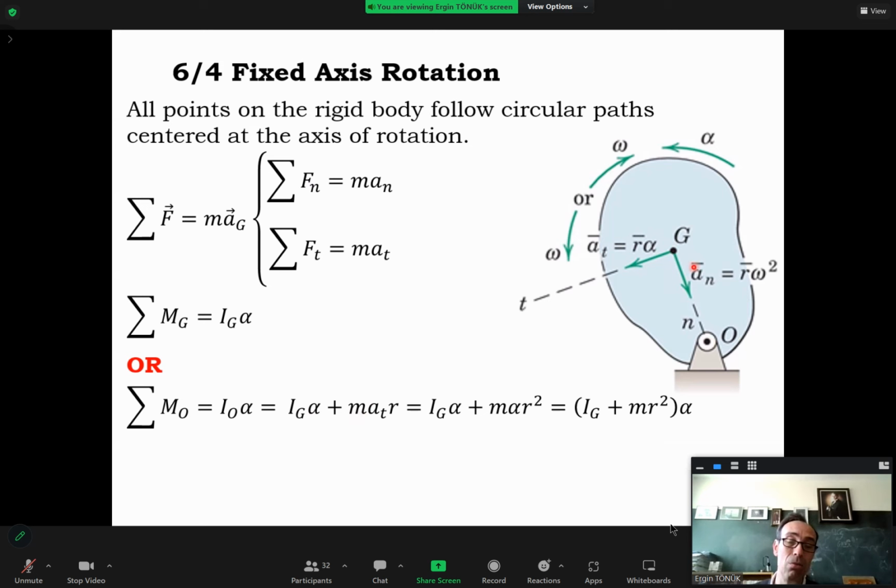As you see, the normal acceleration has no moment about the rotation axis because its line of action passes through it. So the tangential acceleration is alpha r, and we had another r, so it's r squared. And as you see, we have alpha common. So Ig plus m r squared, according to parallel axis theorem, is mass moment of inertia about the rotation axis. So that's why we have this formula.